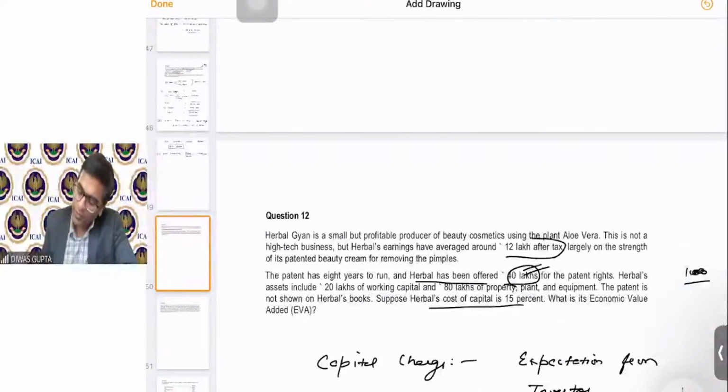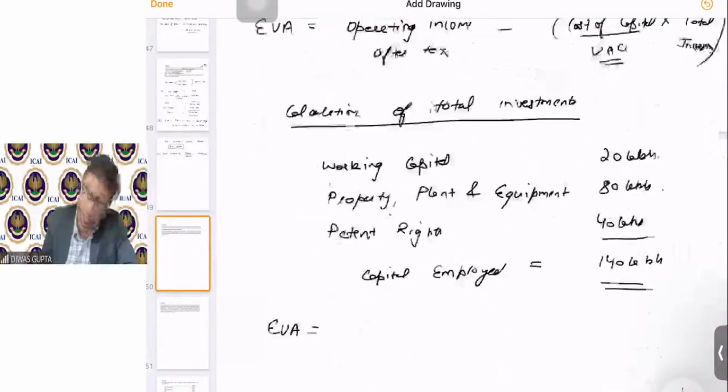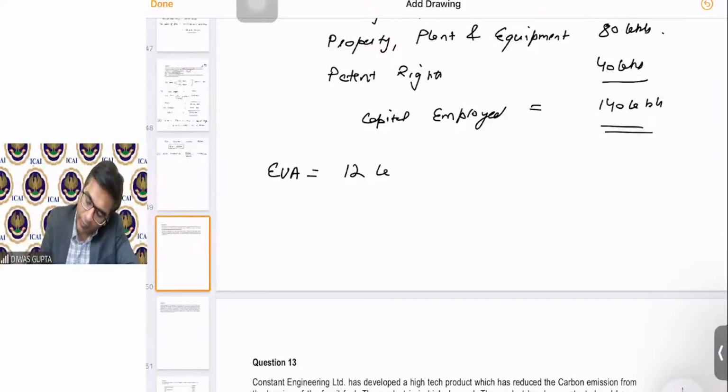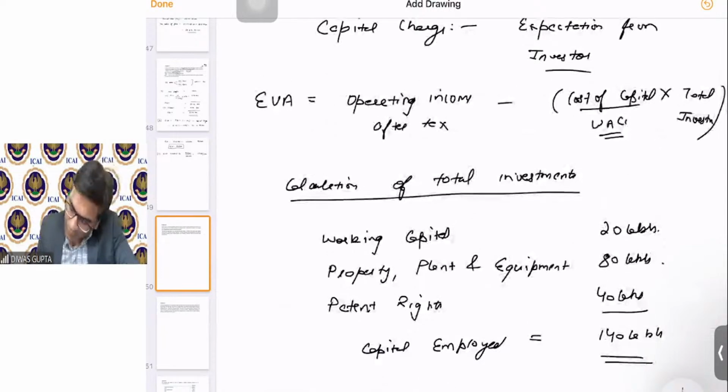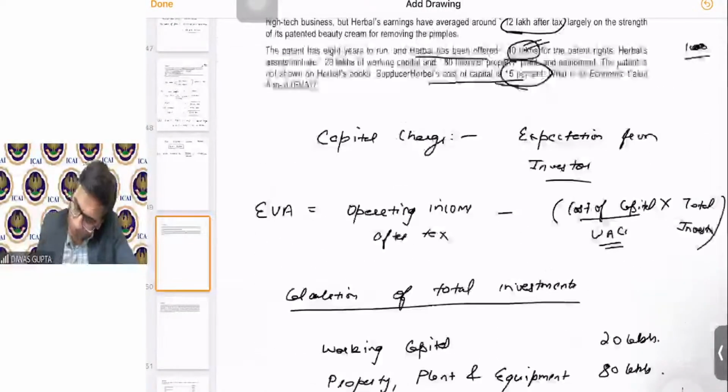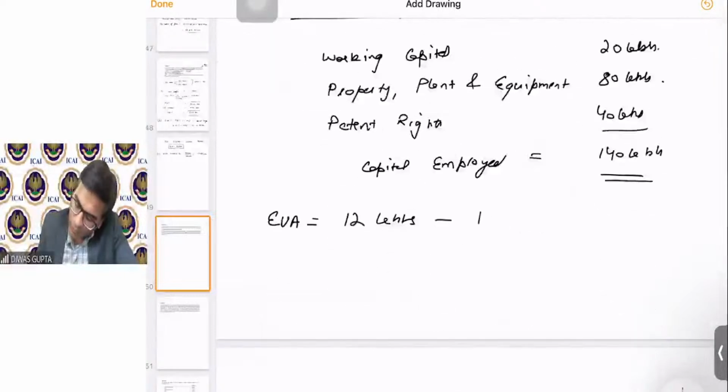Now coming back to EVA, what was the number of operating profit? 12 lakhs after tax. Since now no distinction has been given and no additional fact is given, we will just take 12 lakhs minus, what is the cost of capital? 15% into 140 lakhs. Okay.